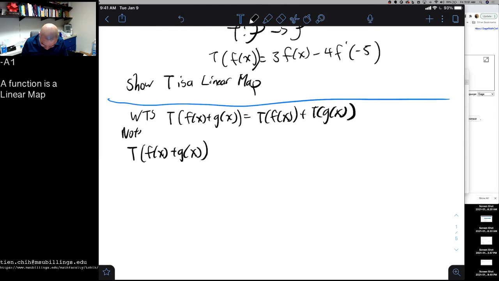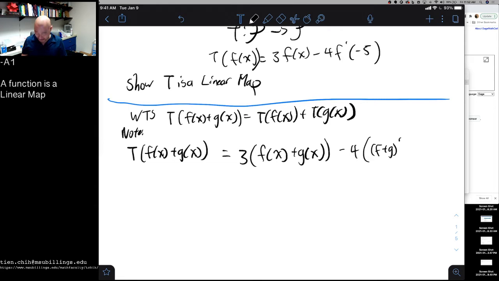When we take the transformation, we look at T's action on f plus g, and I should end up with 3 times f plus g, minus 4 times the derivative of f plus g evaluated at -5.